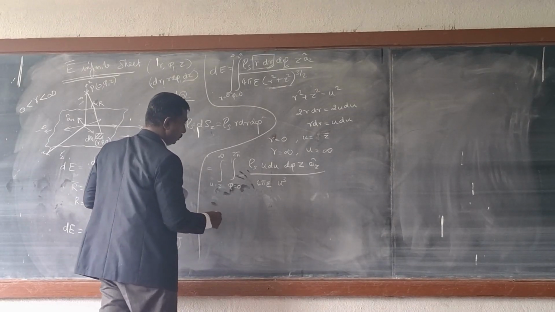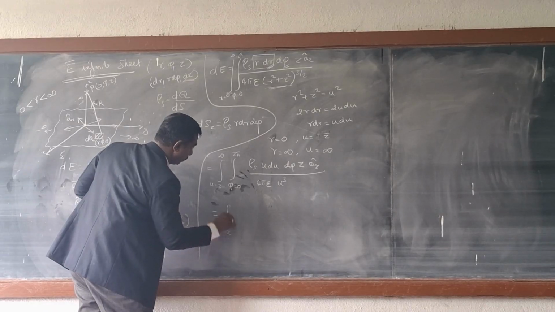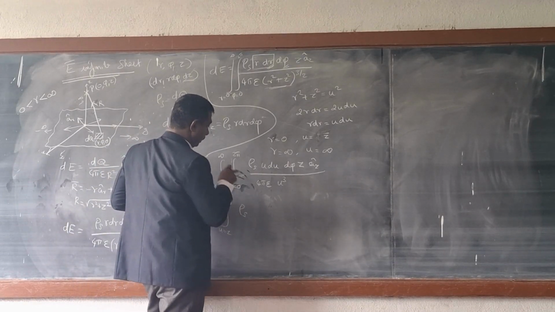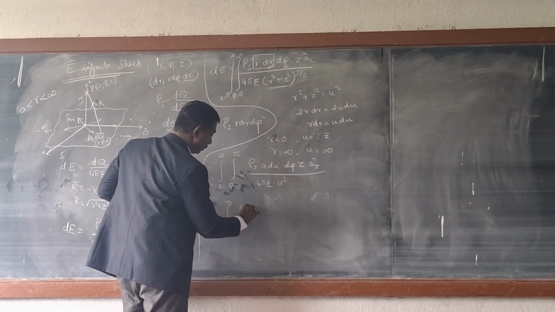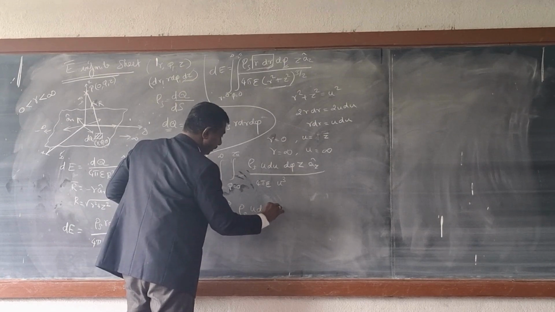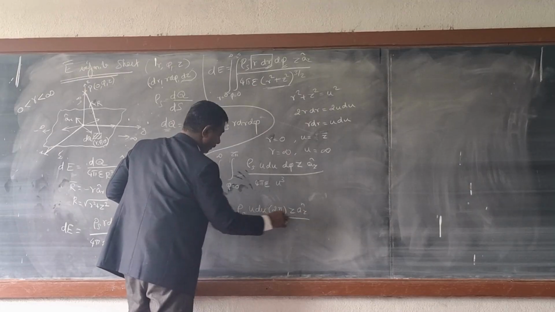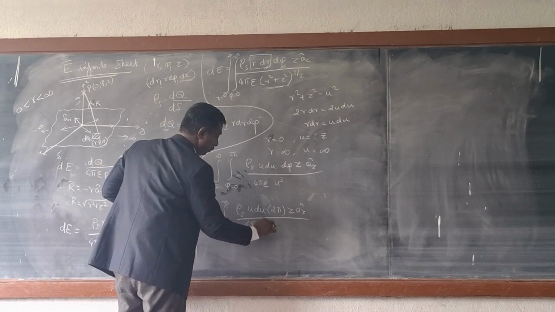So now, u equal to Z to infinity, rho s. You integrate this d phi, it will become 2 pi, right? u du into 2 pi Z aZ cap divided by 4 pi epsilon u cube.